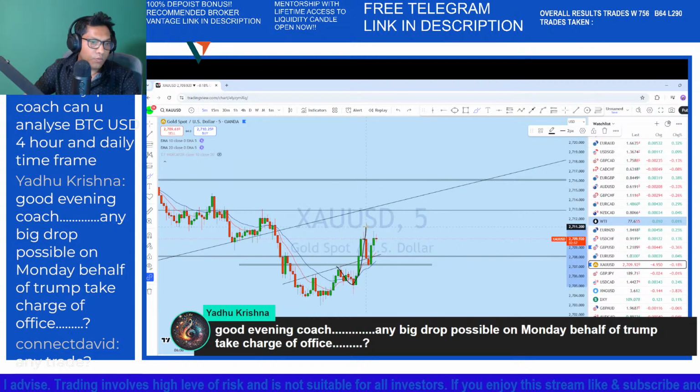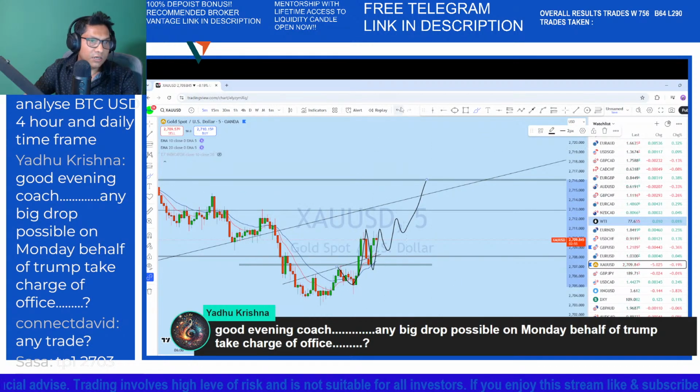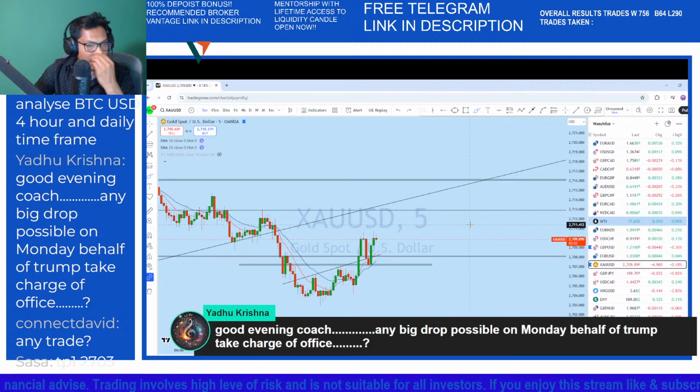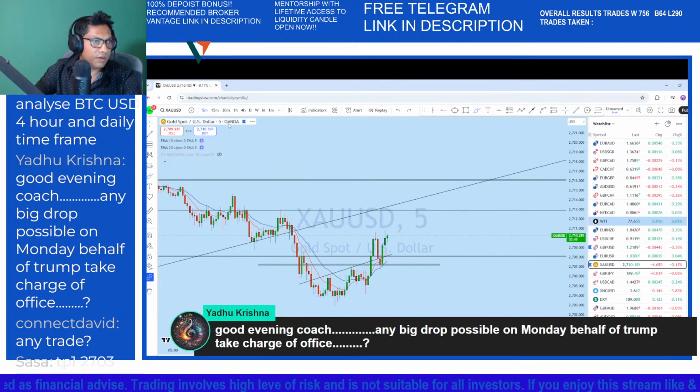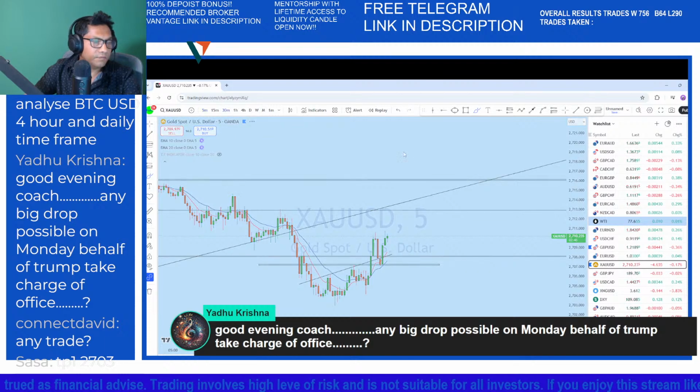Okay, a move, pullback. The market is currently in an uptrend, and we will be looking for a potential entry in that uptrend once we find it.